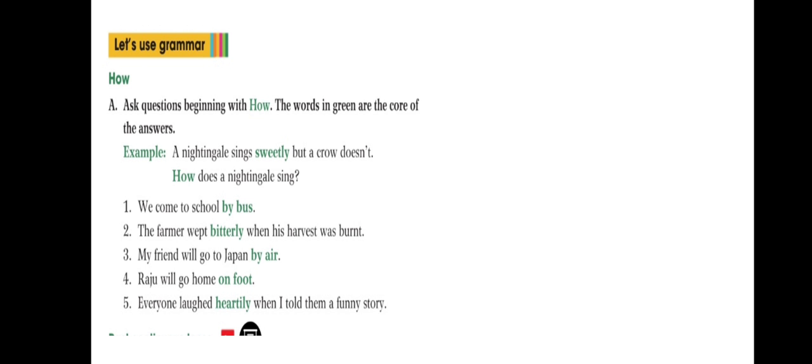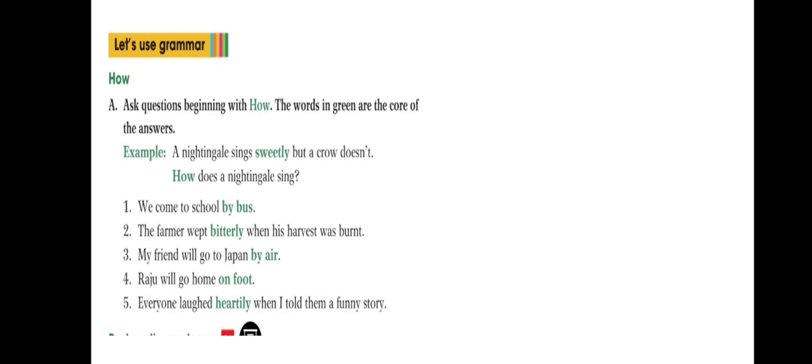Why have we used does? Because as you can see in the answer, sings itself shows the simple present tense. That's why we are using does. In a similar way, you have to find out in the statement what tense it takes, and according to that you use did if it is past, or does if it is present. That is what you have to think about.